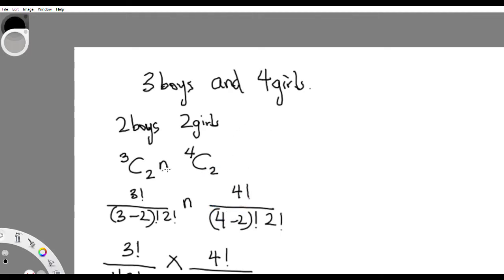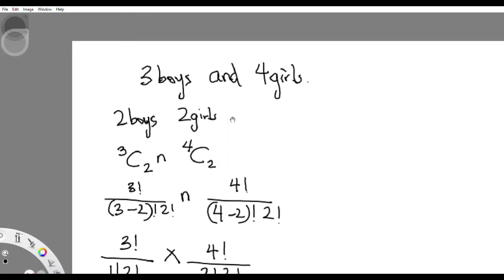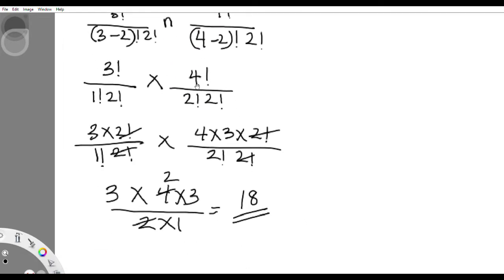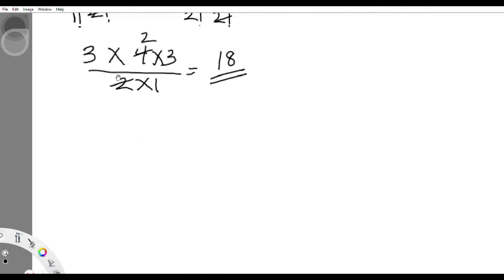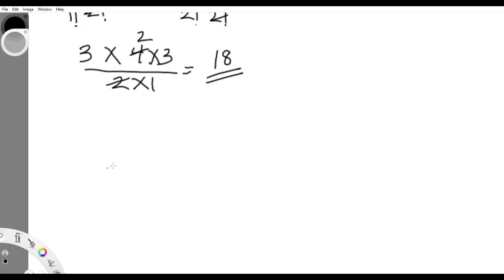Remember, I use combination because double counting is not allowed here. Some of you might be thinking, remember I said you have to find out the possible ways. It might be the first boy, the second boy, and yeah, you are right. But remember I said it doesn't allow double counting, and that's why we use combination in the first place.